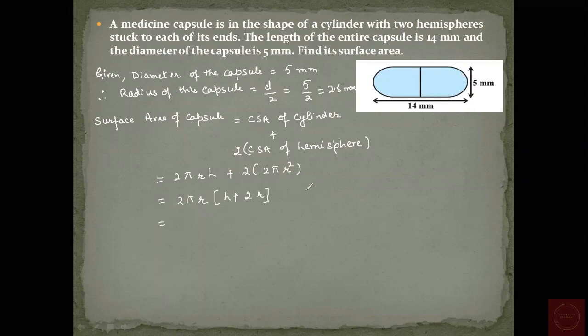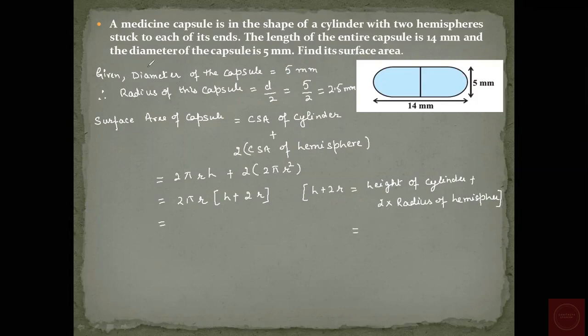We can say here h plus 2r, that is height of cylinder plus 2 into radius of hemisphere, because we have two hemispheres, that is why we are multiplying here.